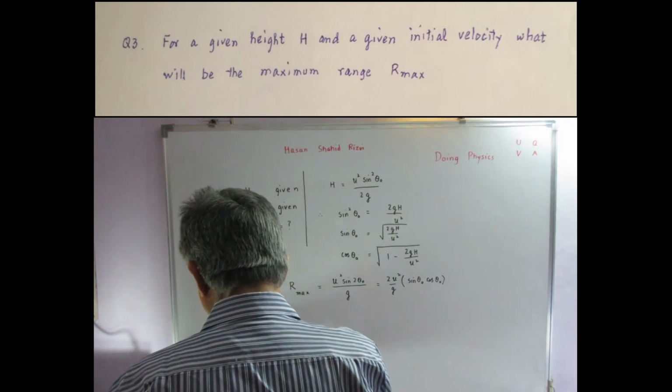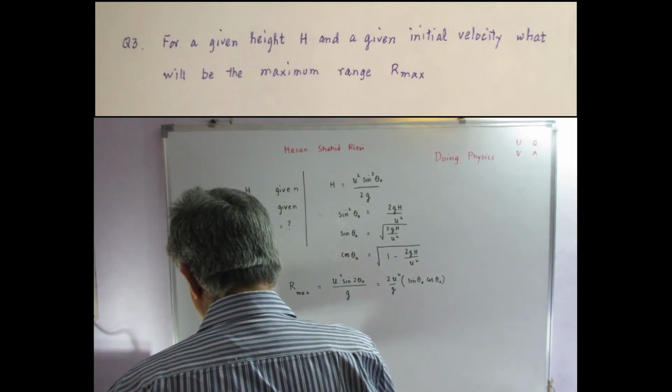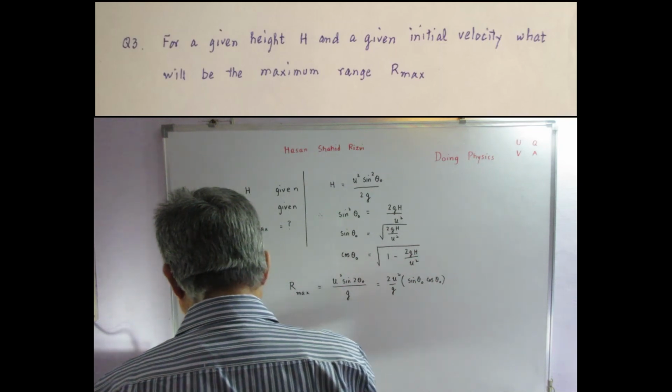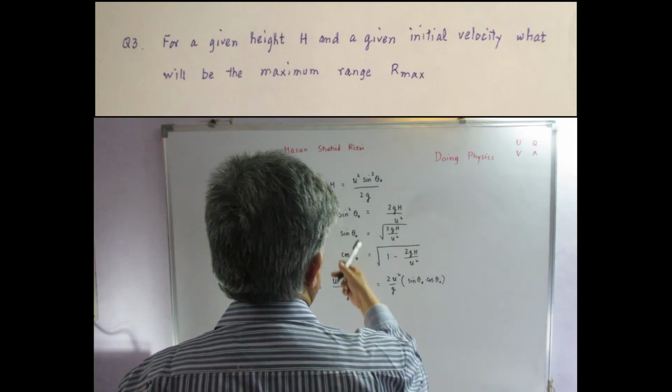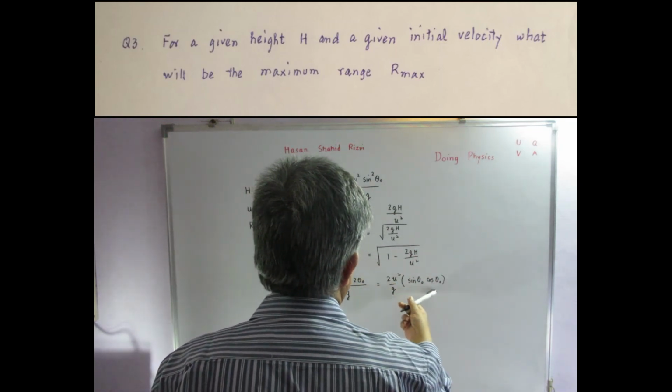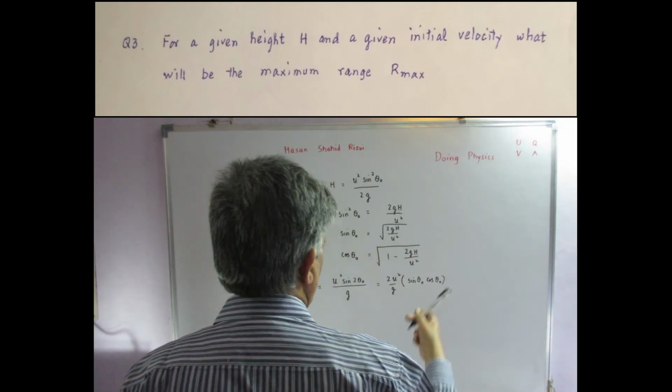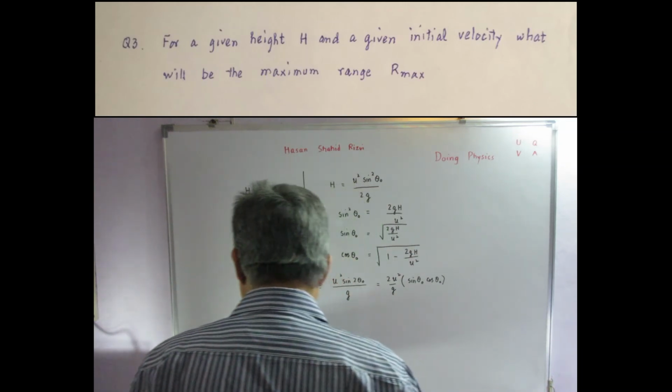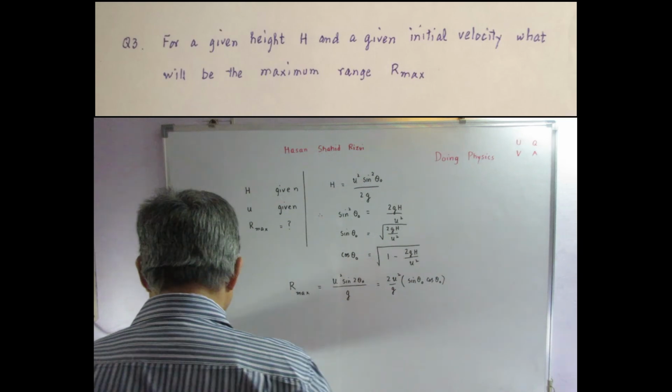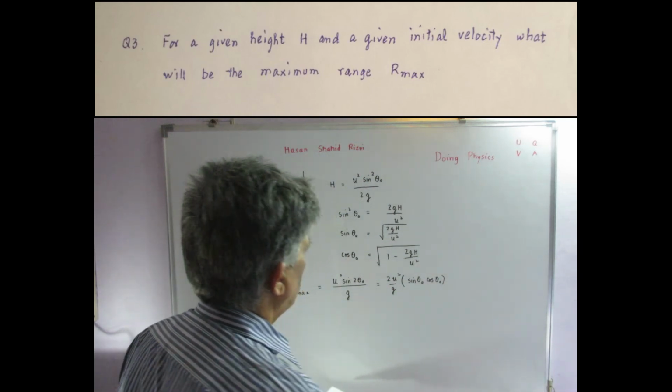The values I can give: what we obtain as the value of sine of theta naught is like this, cos of theta naught is like this. We substitute these values over here and we can calculate the value of the range.